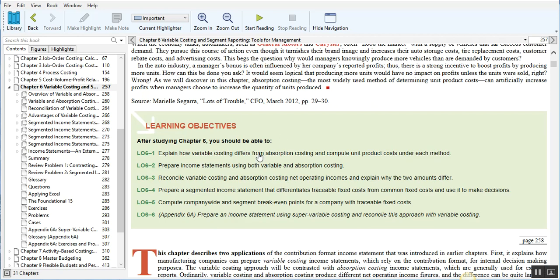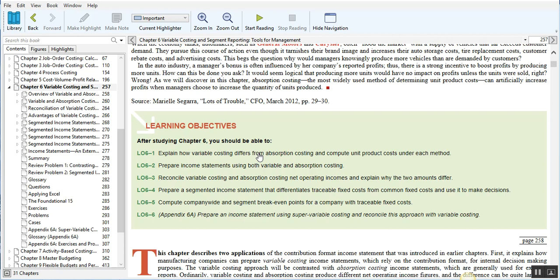So the first approach we're really going to look at is variable costing, and that's going to be very familiar to you because it's very similar to what we've been doing in Chapter 5. And prior to that, we're looking at variable costs versus fixed costs. And then we're going to also look at absorption costing and see how that differs from variable costing.